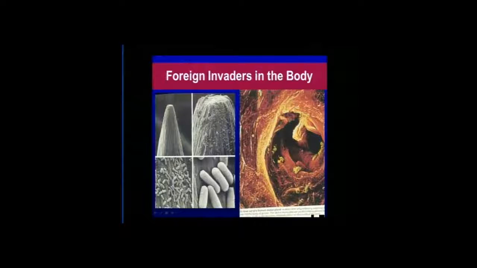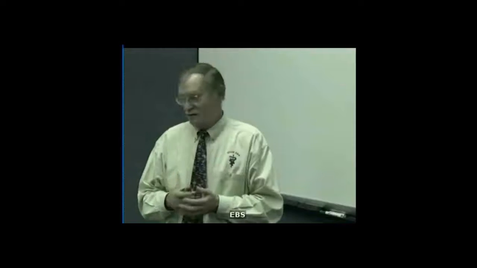On the right-hand side, we see some bacteria inside a sweat duct. In your skin, you have sweat glands, and you have a sweat duct that goes to the surface. The bacteria get inside the duct. So when you wash your hands, you're not able to get the bacteria out of the sweat ducts.